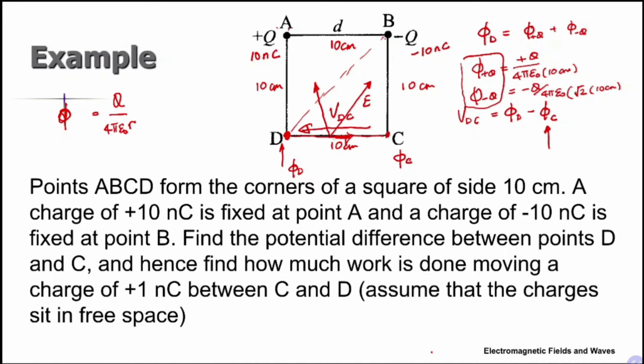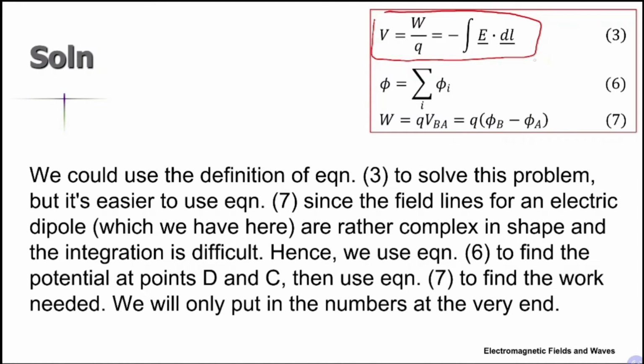And then that electric field changes as you go from D to C. Because when you move from D to C, the distance from A along that path changes, and the distance from B along that path changes as well. So this is a very difficult sum to solve.